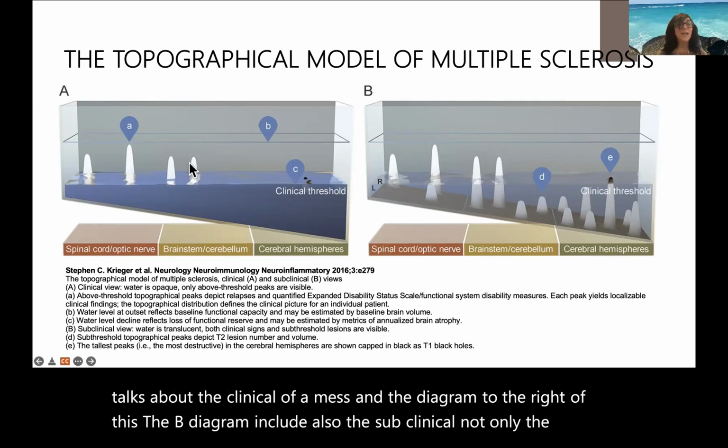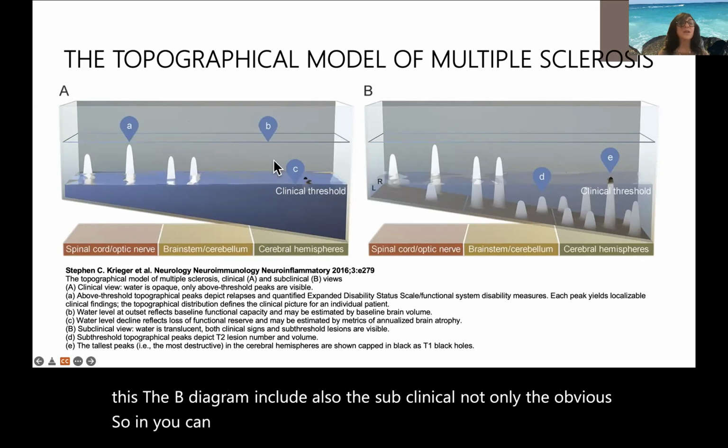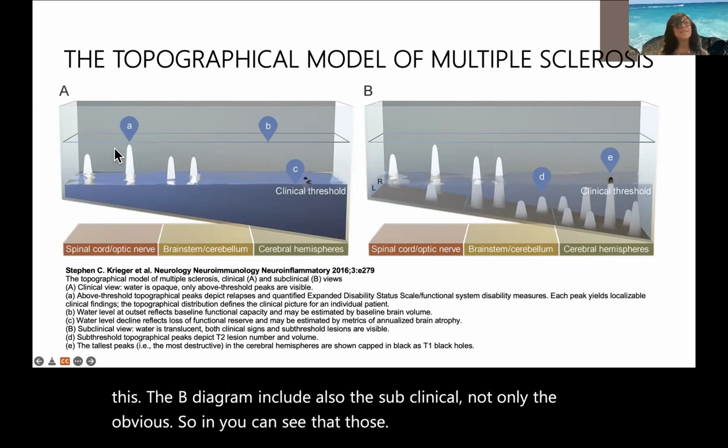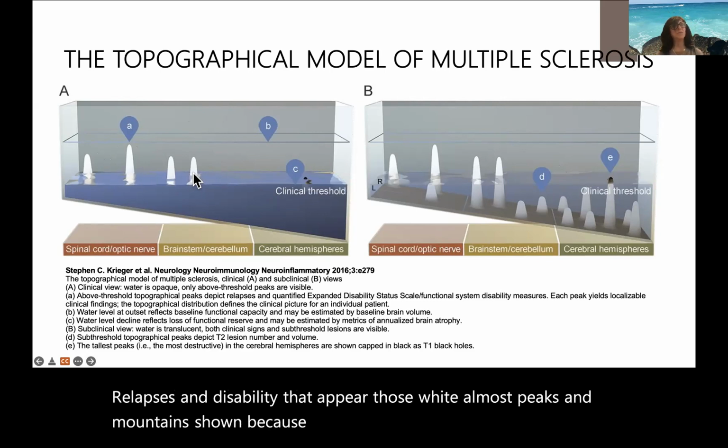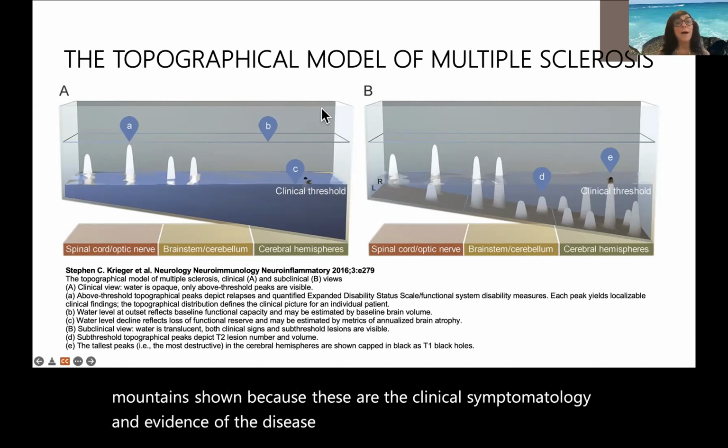So in A, you can see those relapses and disability that appear, those white peaks and mountains, because these are the clinical symptomatology and evidence of the disease itself.